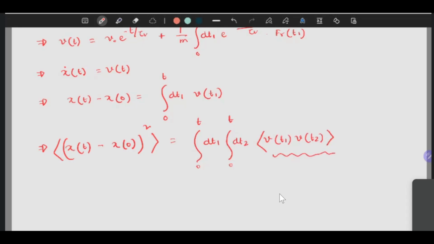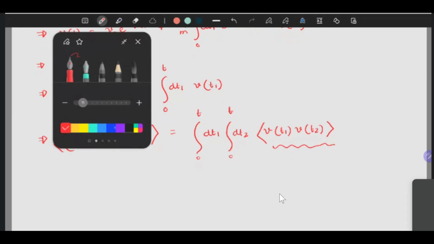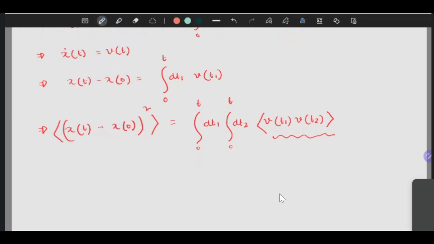Now we know this autocorrelation function, this will be replaced by e to the power minus mod of t1 minus t2 by tau_v into k_B T by m.